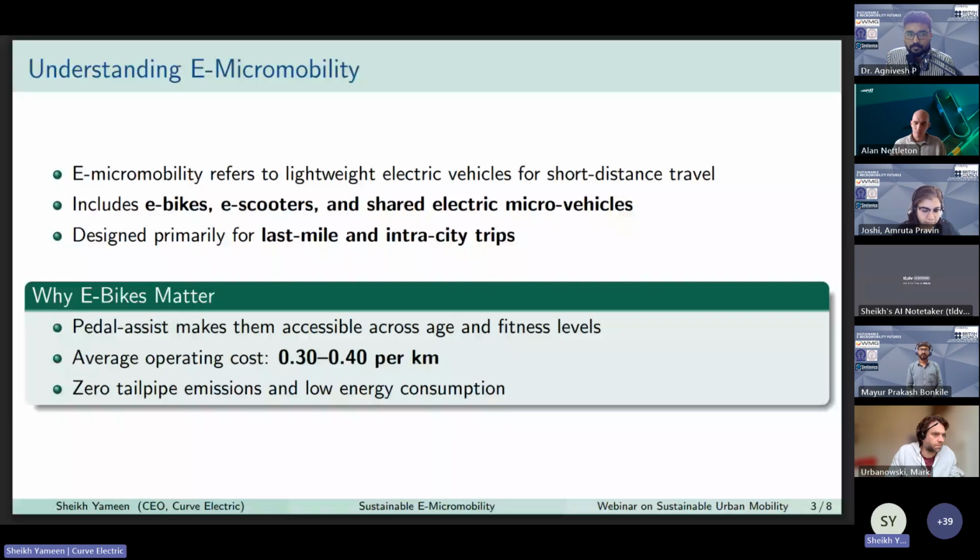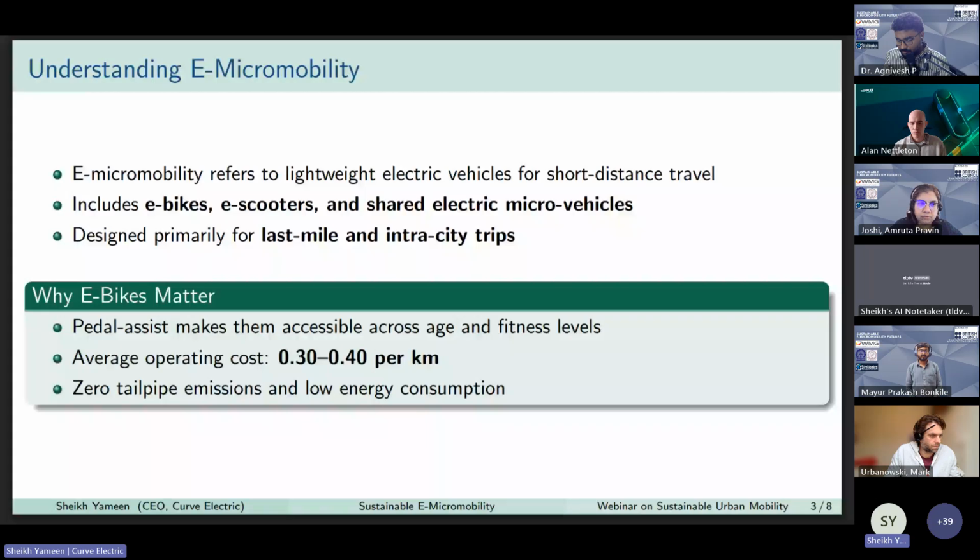But specifically, the e-micromobility instruments include e-bikes, e-scooters, and other shared micro vehicles. Typically, these are vehicles that are not used for longer distances, but for shorter commutes, and may not accommodate 3 or 4 people at a time.